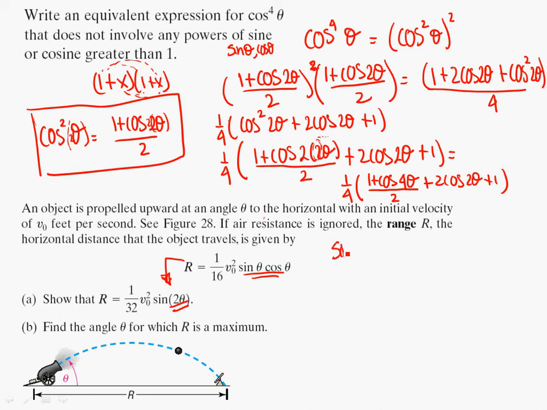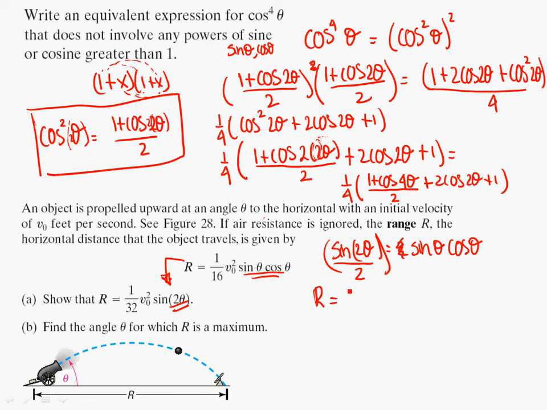Okay, and we just found out in the bell work that the sine of 2 theta could be written as 2 times the sine of theta times the cosine of theta, from way in the beginning. So I could just divide here by 2, and I have an expression for sine theta cosine theta. Does that make sense?